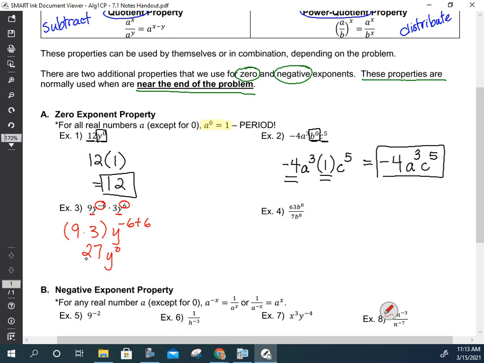So now we got the 0 exponent. What is the 0 attached to, the y or the 27? The y. So y to the 0 becomes 1. And 27 times 1 is 27. 27 is your final answer.